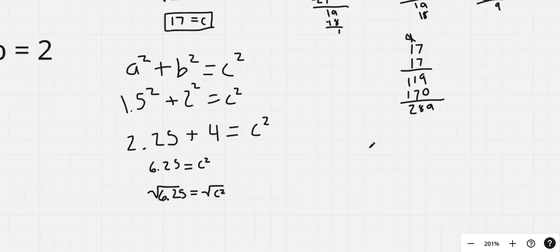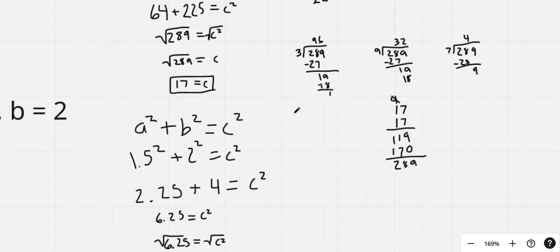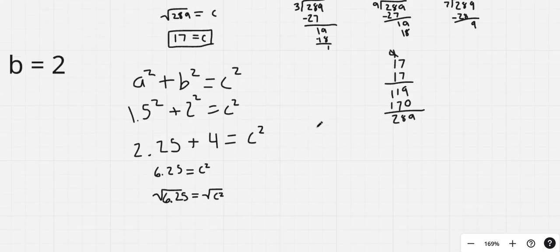All right, now we know 17 times 17 equals 289. 15 times 15 equals 225. 20 times 20 equals 400. Let's see, what's 25 times 25 equal?